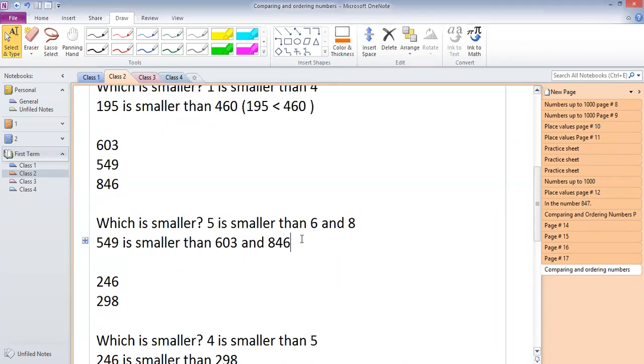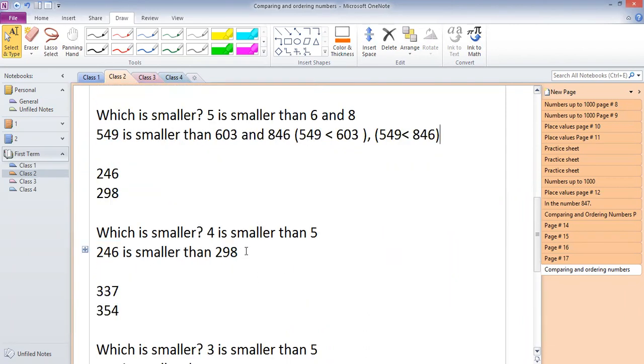Here I can write 549 is less than 603, or 549 is also less than 846. So 549 is less than 603. That's why its end is in front of 549 and its mouth is open in front of the bigger number.